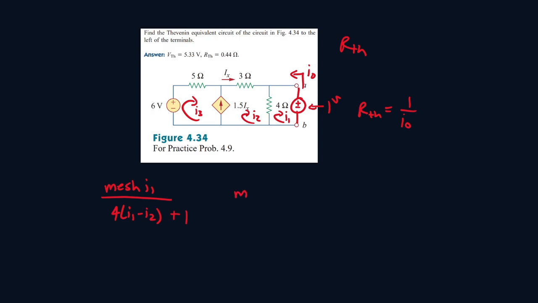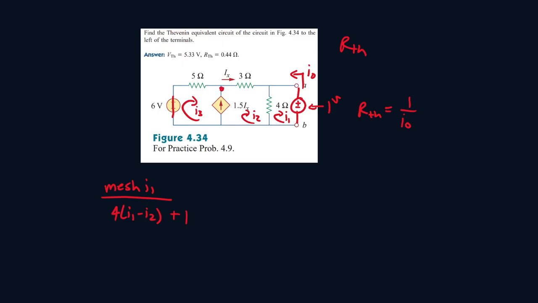Now for these two meshes, we should combine them as a super mesh because right now the 6 volt source is not actually here. Remember, we turned that off, but that would make this I3 mesh a little weird to do because we would have 5 I3 equals 0, and that means I3 is 0, but that can't be the case.